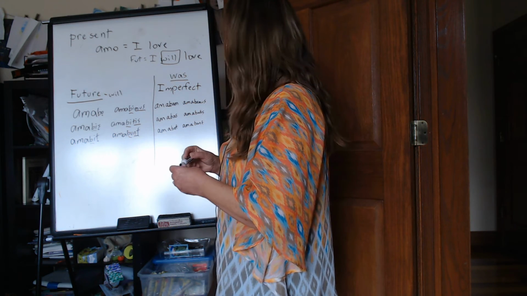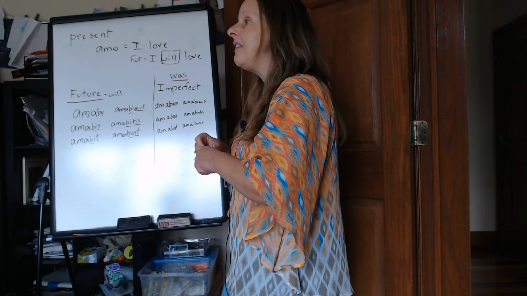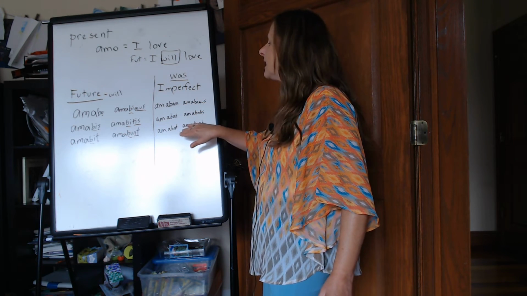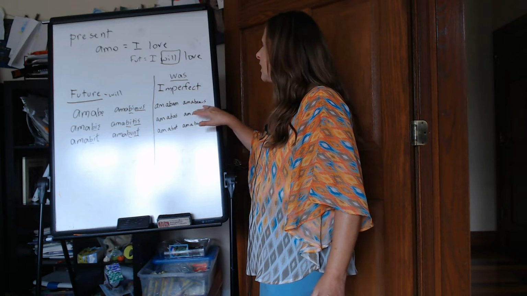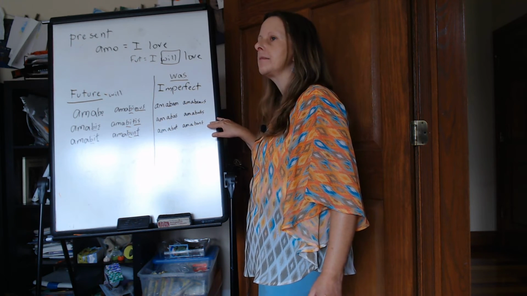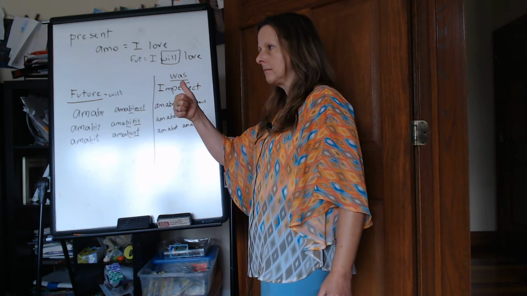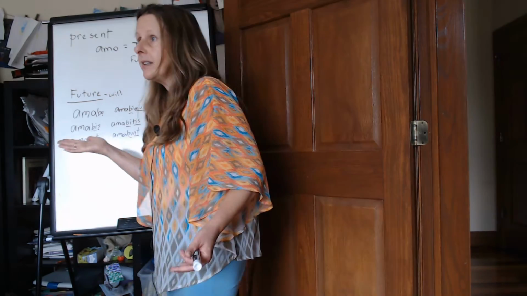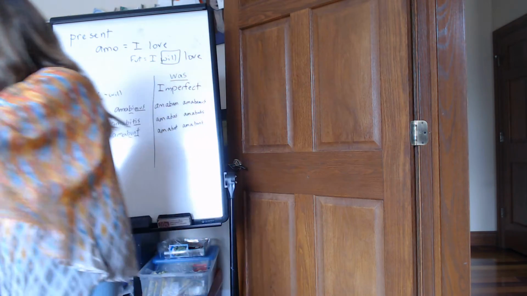Bam, bas, bat, bamus, batis, bant. And this means I was loving, you were loving, he, she, or it was loving, we were loving, y'all were loving, they were loving. Make sense? And once you've learned that, you can do it to all the verbs. That's the wonderful thing about it.